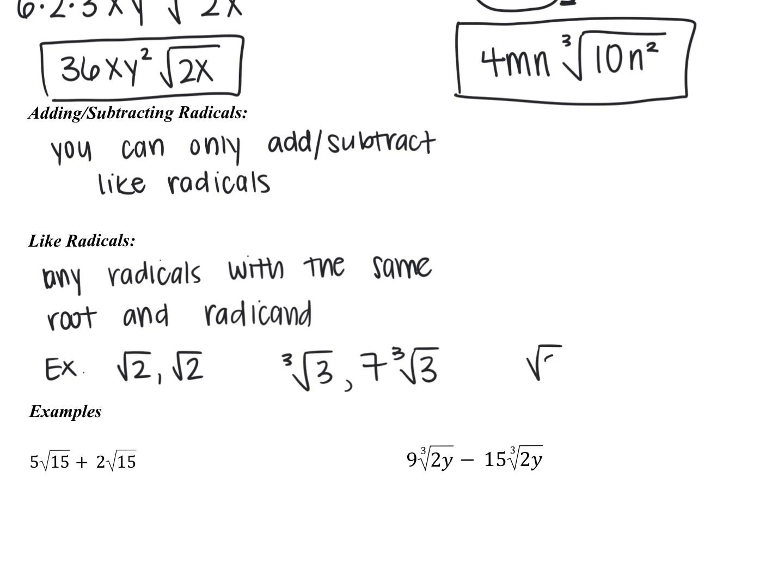But the square root of 2 and the cube root of 3 are not like radicals because they have one square root and one cube root, and also they're not the same underneath. It also works the same way if you're looking at the same root. The square root of 2 and the square root of 5 are not like radicals because even though they both have the same root, they don't have the same radicand. One of them is the square root of 2 and the other is the square root of 5.